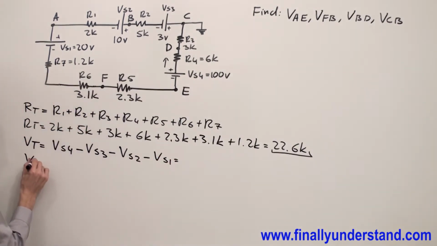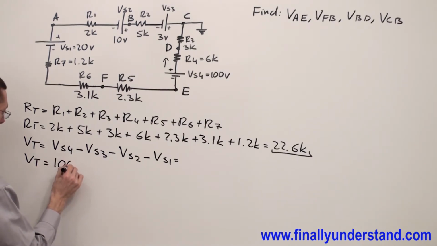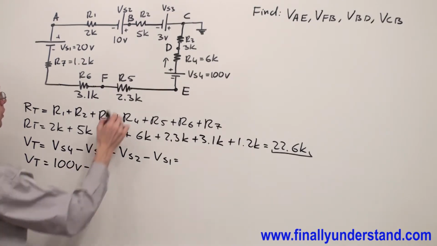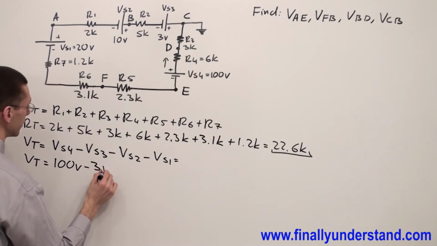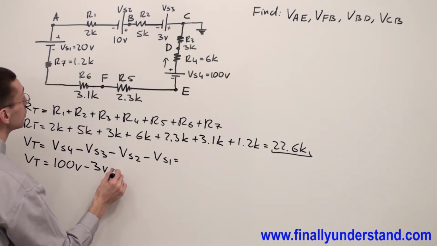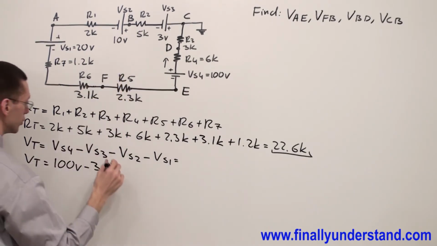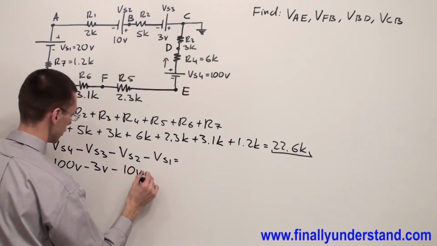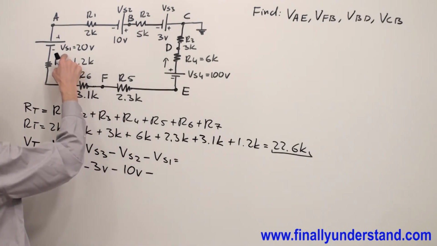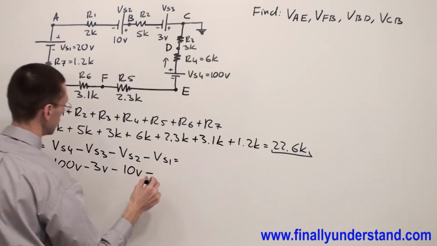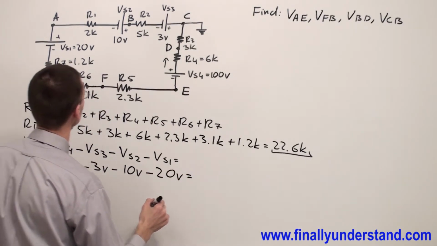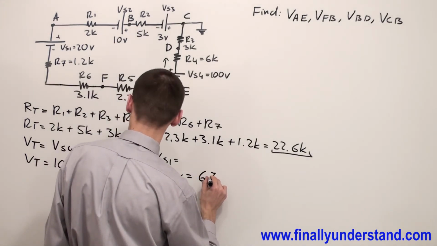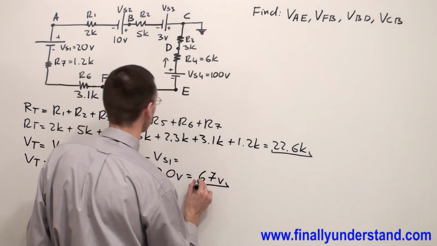V total is equal to 100 volts minus voltage source 3, which is equal to 3 volts, minus voltage source 2, which is equal to 10 volts, minus voltage source 1, which is equal to 20 volts. Answer is 67 volts.